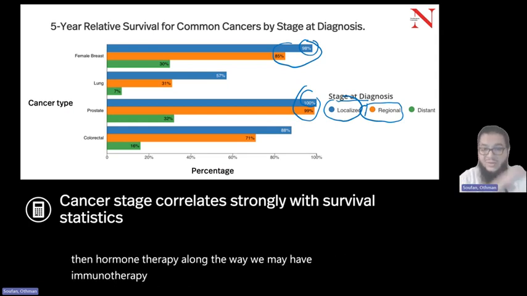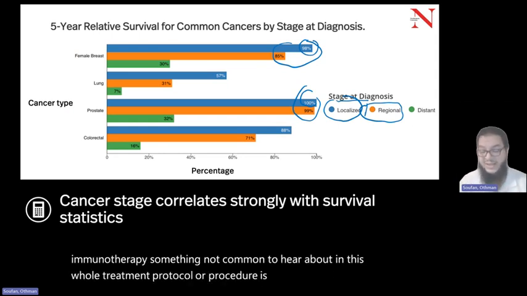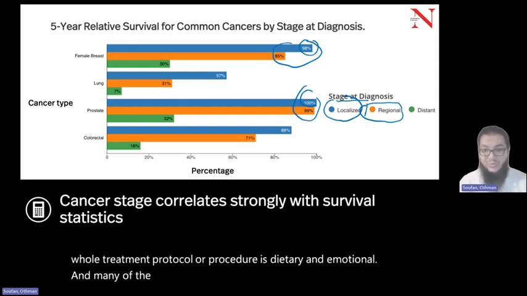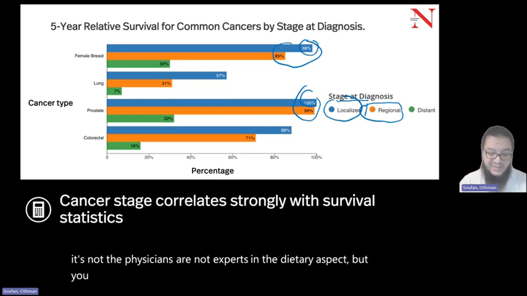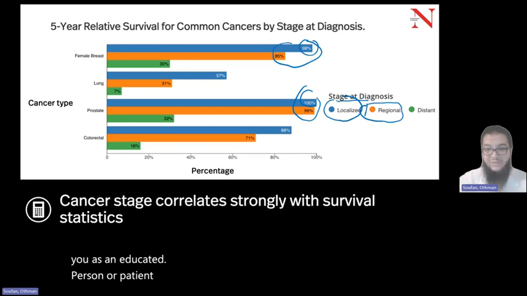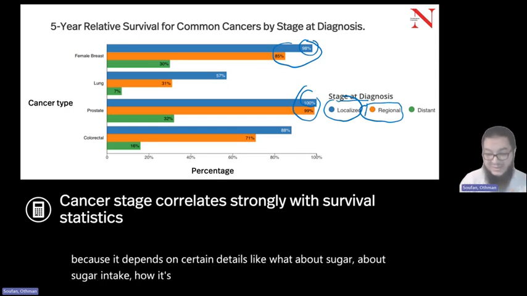Something not common to hear about in this whole treatment protocol or procedure is the dietary and emotional aspects, and many other things which are also important to be developed. It's not that physicians are experts in the dietary aspect, but you as an educated person or patient know that you have to have a full approach to that, because it depends on certain details, like what about sugar intake, how it affects the cell, and so on.